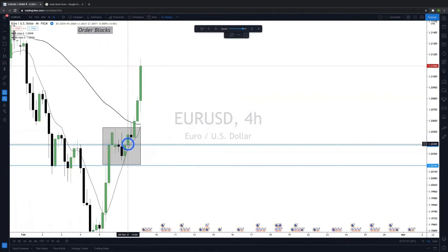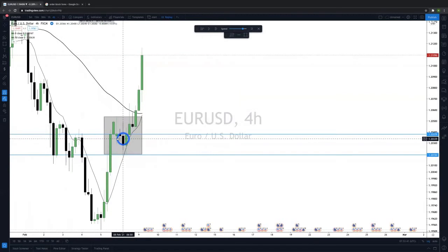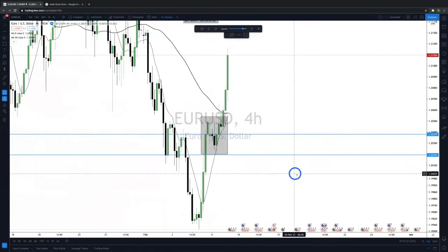What an order block does is create this hidden supply and demand zone where the elites, these institutional banks, load up their money to be able to catch the actual move that's sitting right here in this area. As long as the move is sitting here, this is an actual strong order block.